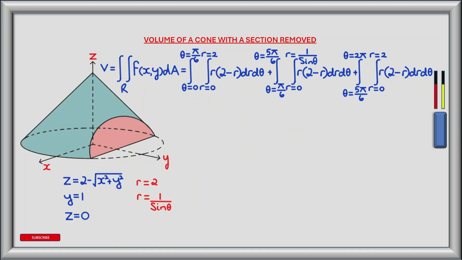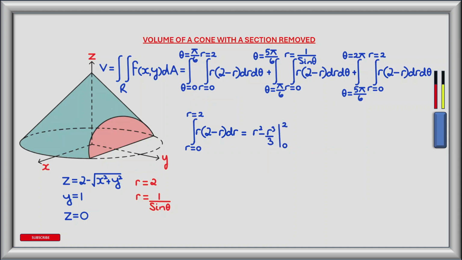Now that we have formulated all three double integrals, we can begin the evaluation process. Starting with the first of the inner integrals, we have the integral from r equals 0 to r equals 2 of r into the bracket of 2 minus r dr. Using the power rule to evaluate this, its antiderivative is r squared minus r cubed divided by 3, and we need to evaluate it between 0 and 2.